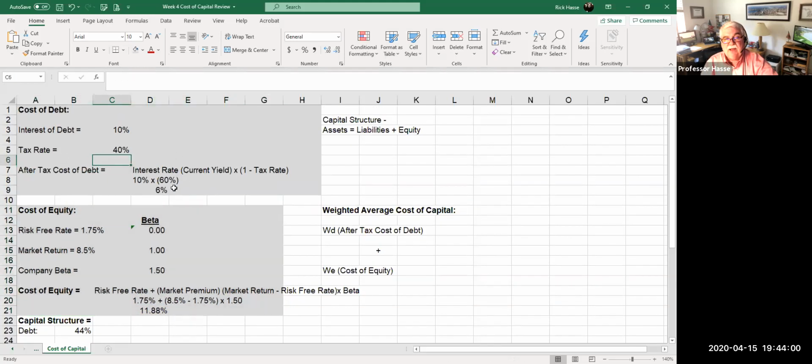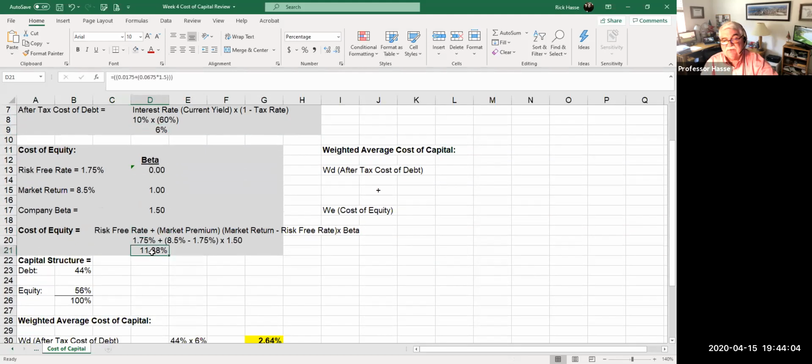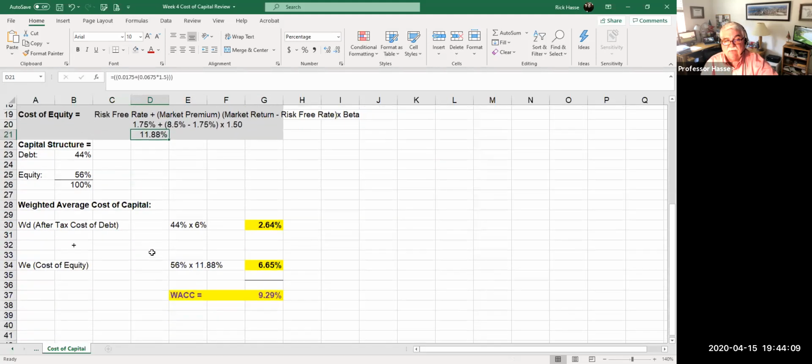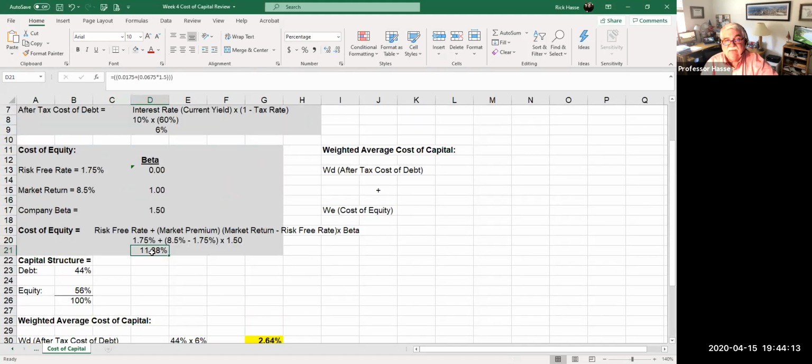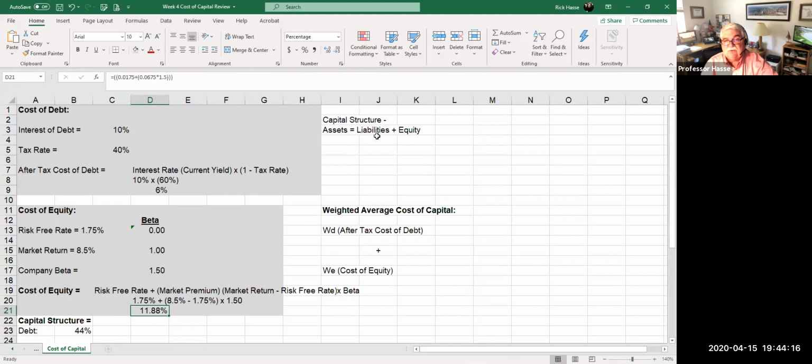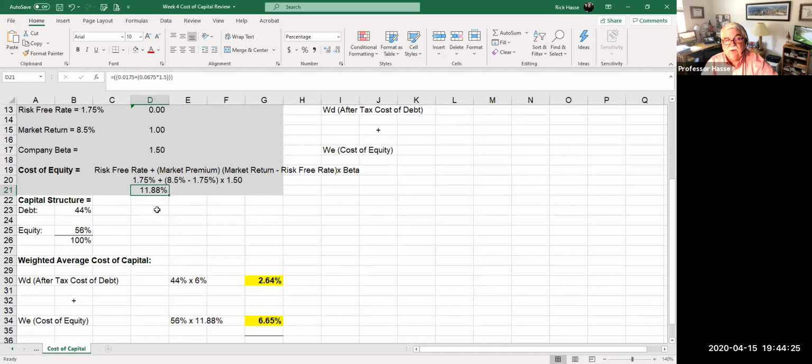Now we're going to combine the 6% cost of debt and the 11.88% cost of equity to get our weighted average cost of capital. Now, what's the company's capital structure? Remember, the capital structure is the liabilities and equity that produce the assets that produce the revenue to pay off these things. Well, in this problem, the company has 44% debt and 56% equity.